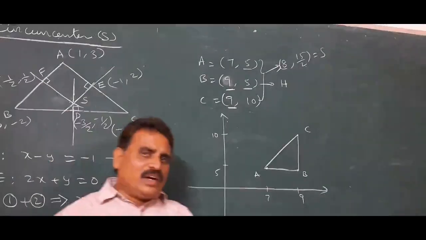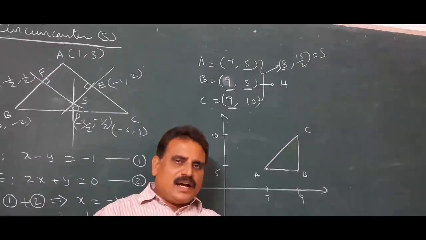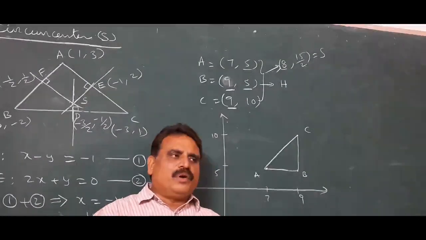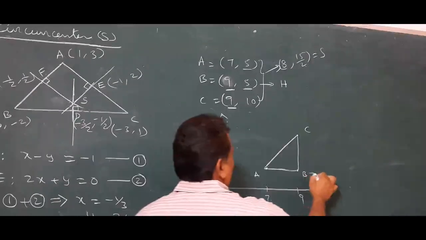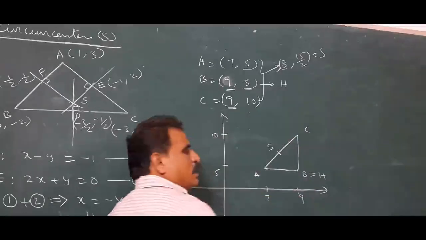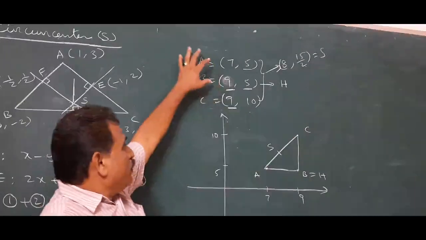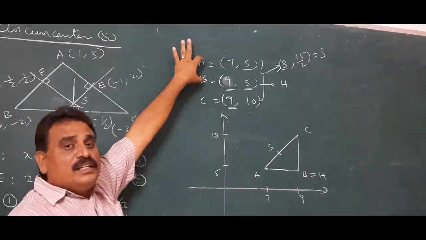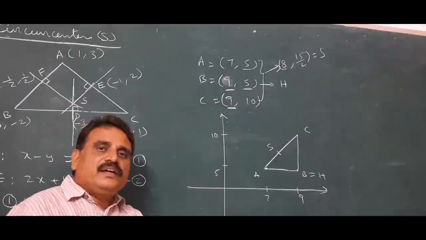In a right angle triangle, the orthocenter is the vertex at the right angle, and the midpoint of the hypotenuse is the circumcenter. So the orthocenter is B and the midpoint of the hypotenuse is the circumcenter. Directly, you can write that. So, my dear friends, if the vertices are like this, definitely the triangle is a right angle triangle.